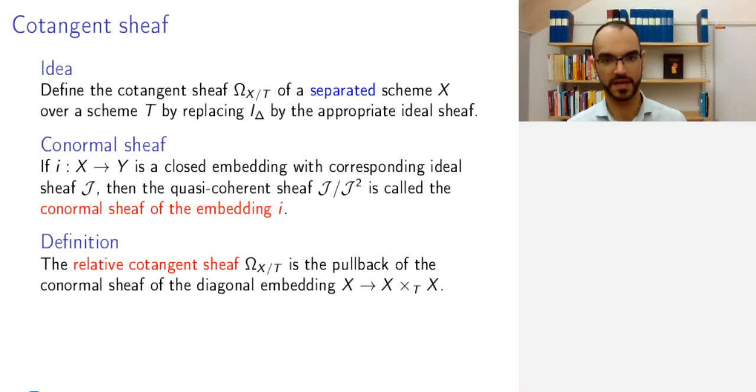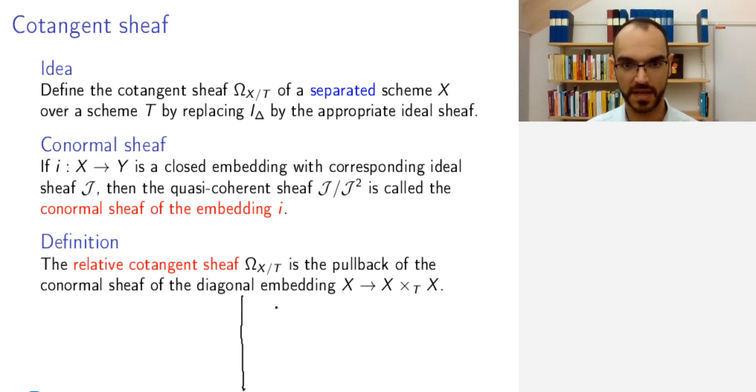And then we define the relative cotangent sheaf Omega_{X/T} as the pullback of the conormal sheaf of the diagonal embedding of X into X fiber product with X. There were a lot of words here, so let's unpack this.